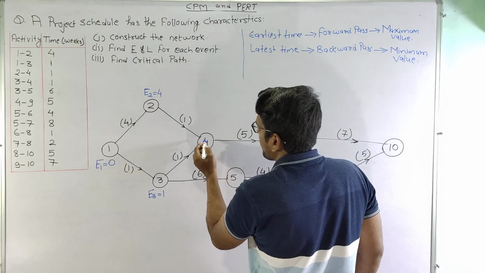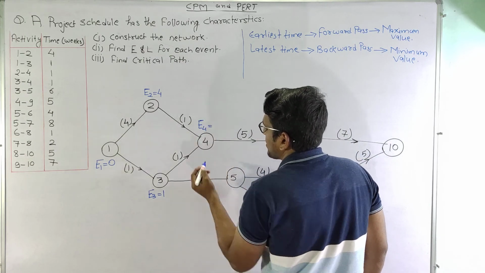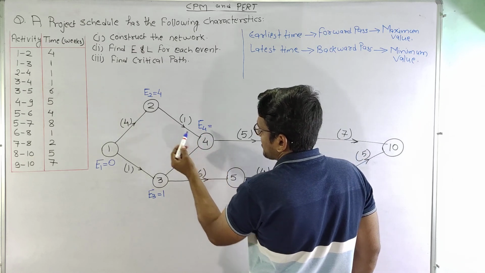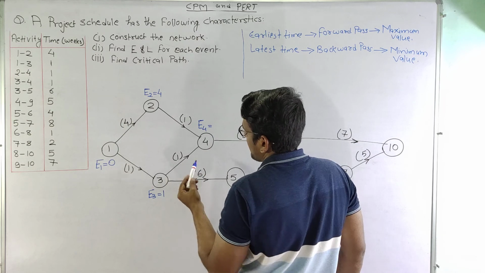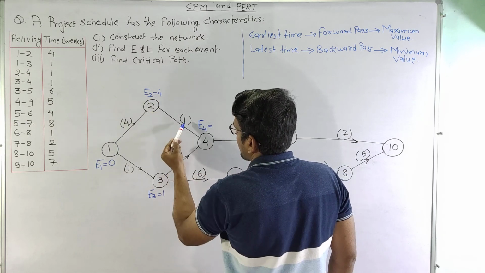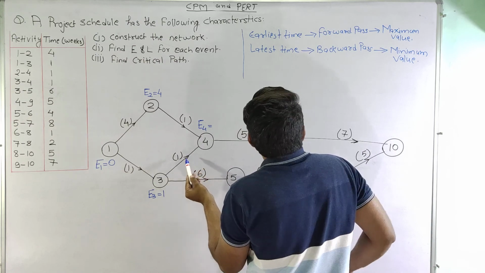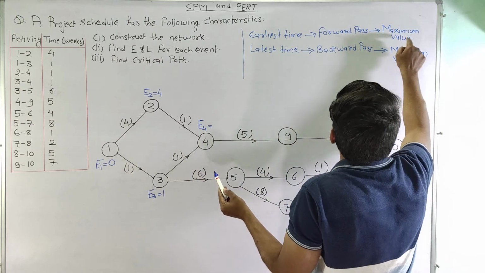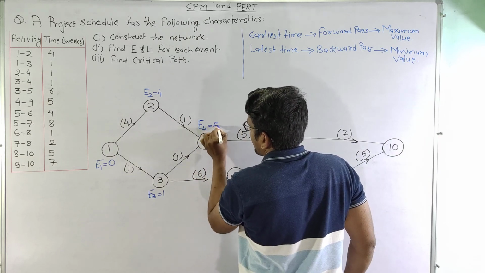Now moving on to 4, E4 is equal to, at this node we can see that two arrows are coming, so we will consider both the values. This is 4 plus 1, 5, and this is 1 plus 1, 2. As we have discussed, we will select the maximum value, so we select 5 here.